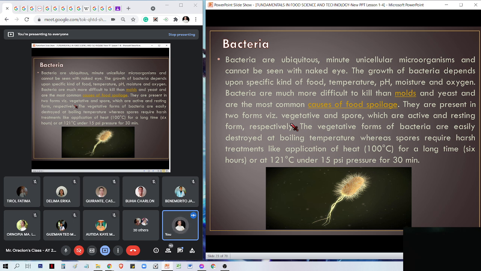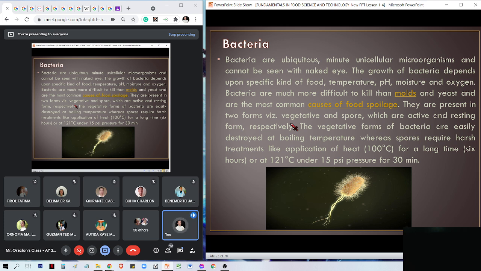Commonly, these are unicellular microorganisms that cannot be seen with naked eyes. The growth of bacteria depends upon the specific kind of food, temperature, pH, which means acidity, moisture, and oxygen.